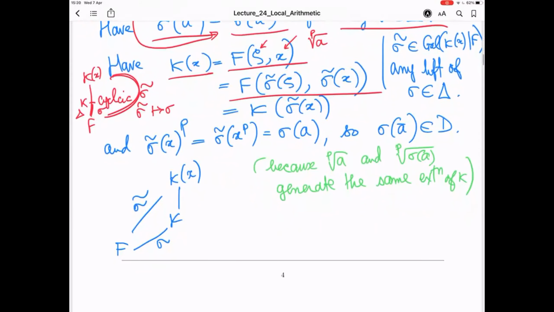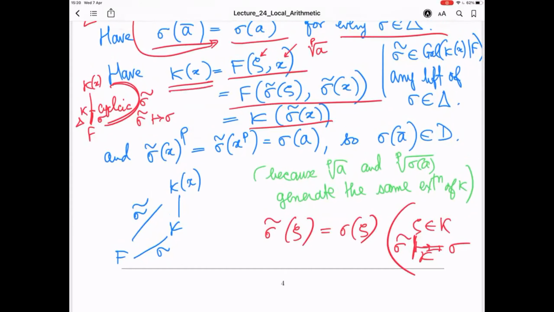Okay. And what is sigma tilde of zeta? Sigma tilde of zeta is just the same as sigma of zeta, because zeta is in K, and sigma tilde restricted to K is equal to sigma, right?